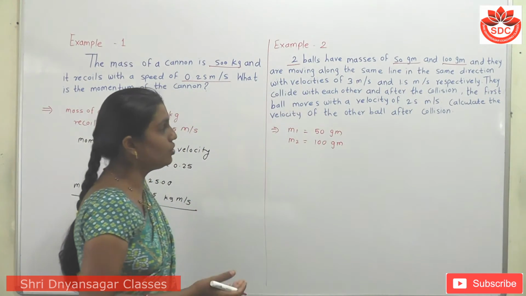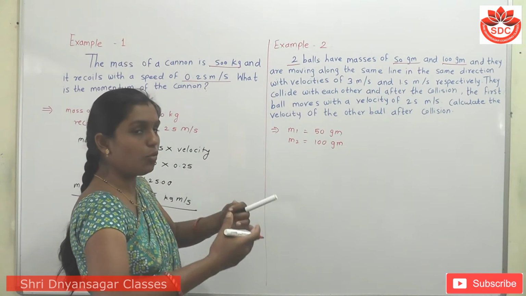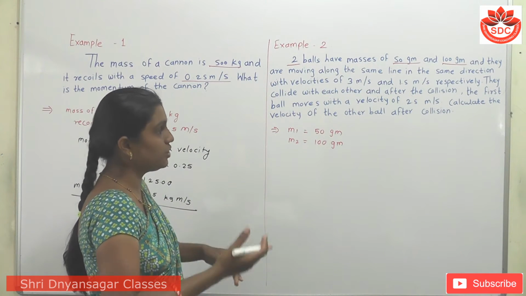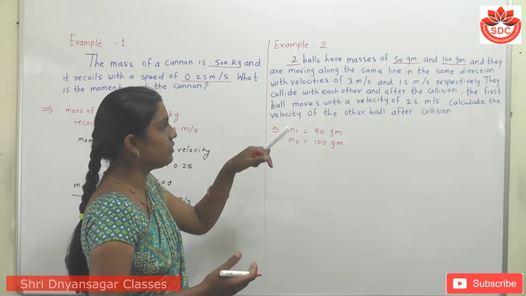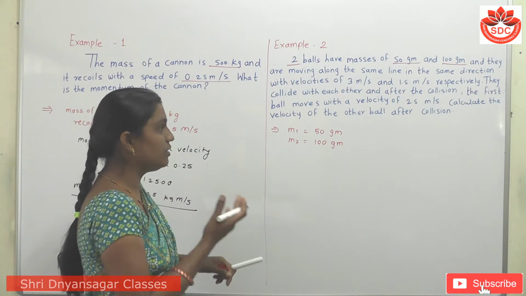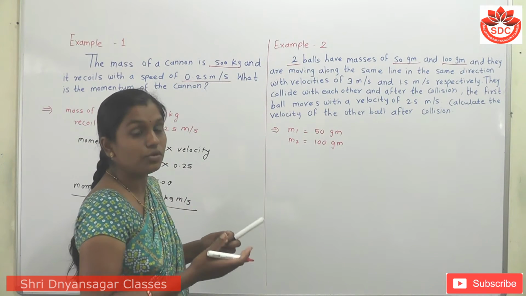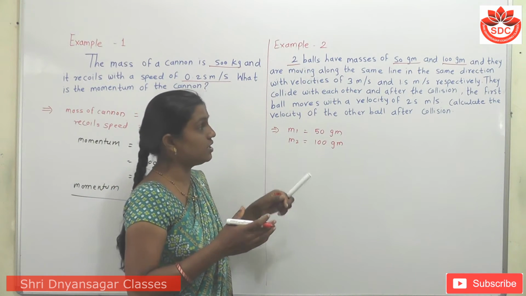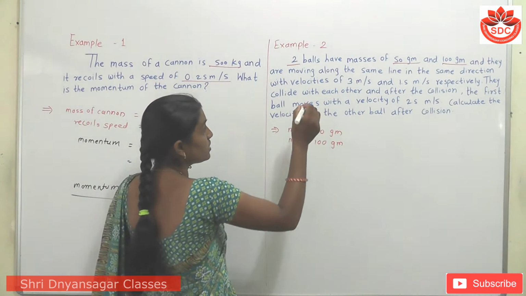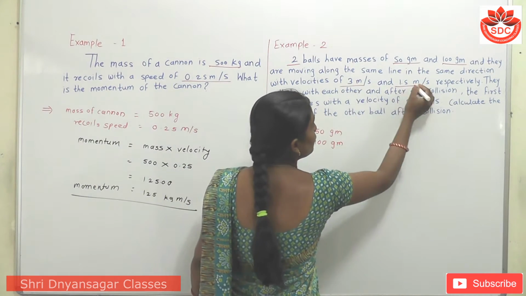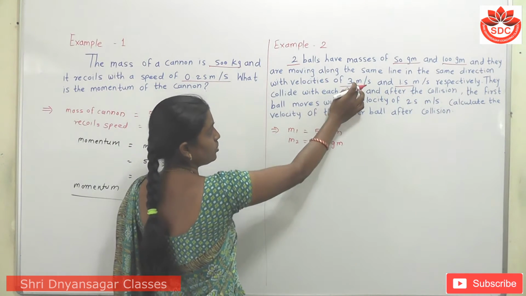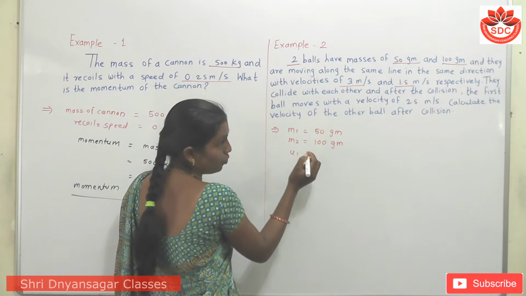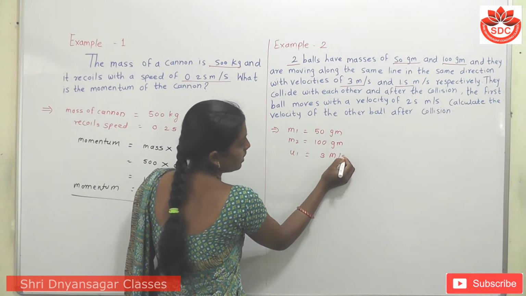Now both are moving. They collide with each other. After the collision, the first ball moves with the velocity of 2.5 meters per second. Calculate the velocity of the other ball. We have to find out their velocity after the collision. So first, the initial velocity of the first ball, we write u1 is equal to 3 meters per second.